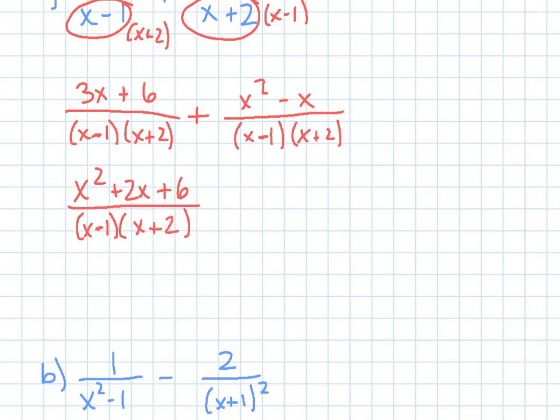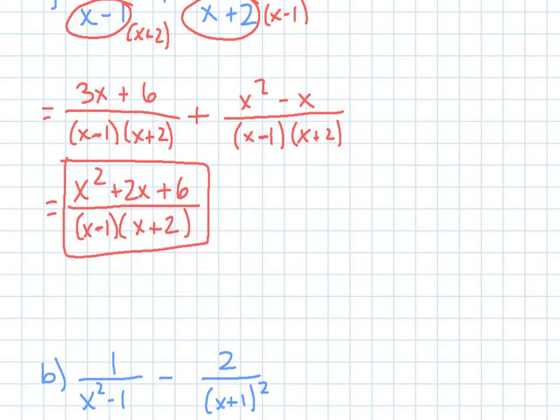Okay, now here what you want to see is if you can factor the numerator a little bit, because it is a trinomial. But in this case, because it's plus plus and the factors are 6, there are no factors of 6 that add up to 2, so therefore you can't simplify this any further. Okay, so then this would be your answer.